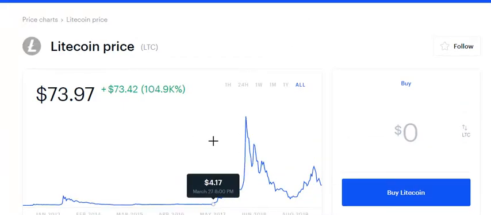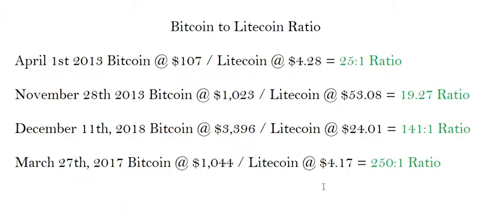This was right before Litecoin, March 27th, 417. So this was right before Litecoin came to Coinbase. March 27th, we got Bitcoin at 1,044, Litecoin at 417. It was a 250 to 1 ratio. This was saying that Litecoin was way, way out of whack, that it was really, really cheap compared to Bitcoin.